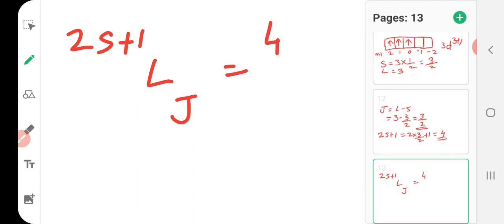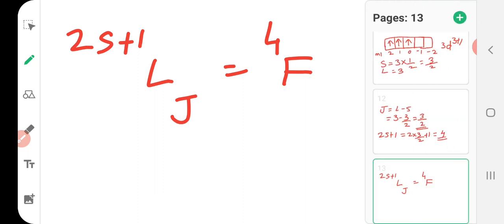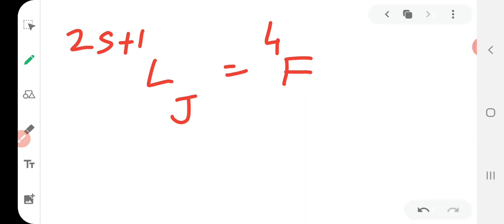What is the value of L? L is equal to 3. L is equal to 3 corresponds to, S P D F, L is equal to 3 corresponds to F. And what is the J value? J is equal to 3 by 2.